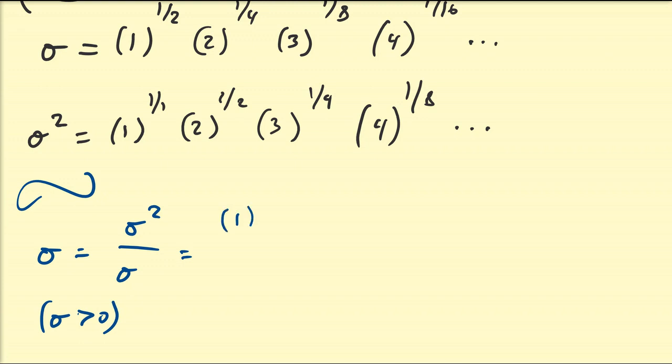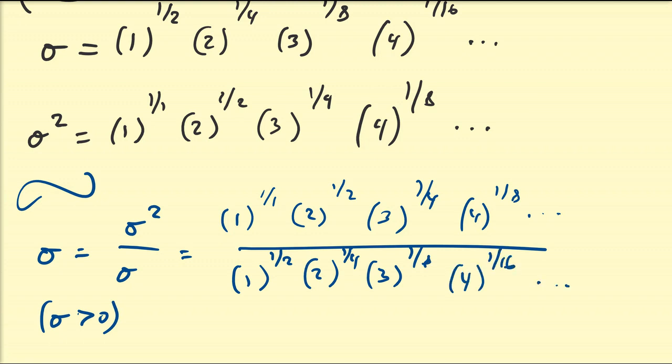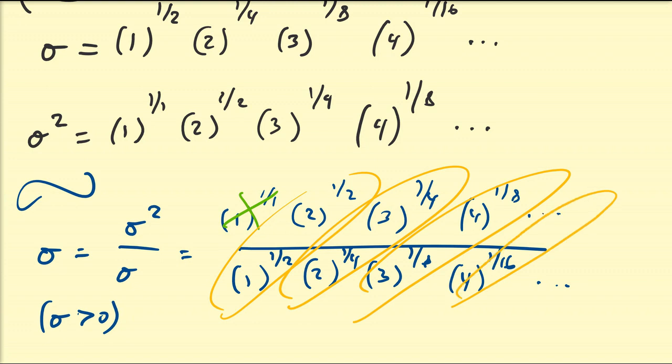So sigma squared is going to be 1 to the 1 over 1, 2 to the 1 over 2, 3 to the 1 over 4, 4 to the 1 over 8, and so on, all divided by 1 to the 1/2, 2 to the 1/4, 3 to the 1/8, 4 to the 1/16, and so on. I'm going to ignore this 1 over 1 term since it's just equal to 1, and I'm going to focus on the powers that are alike.